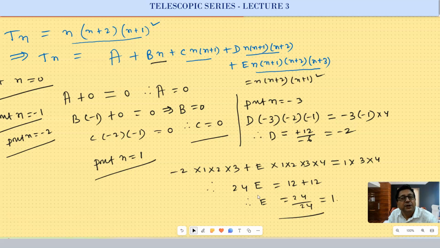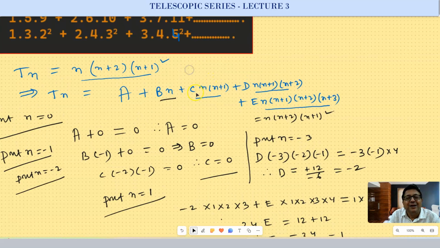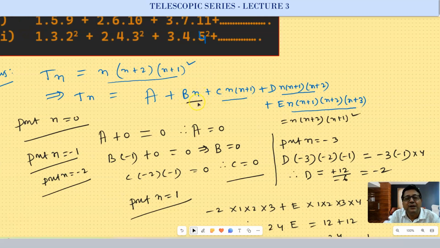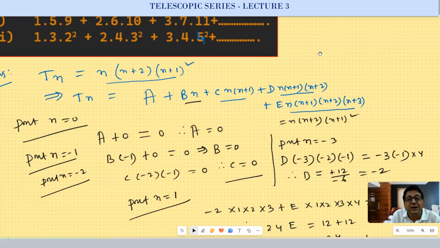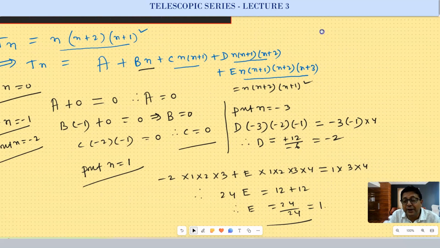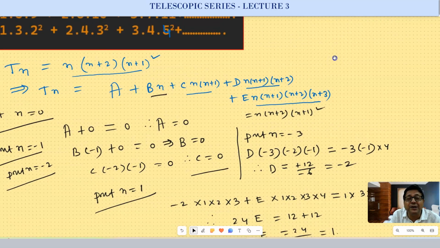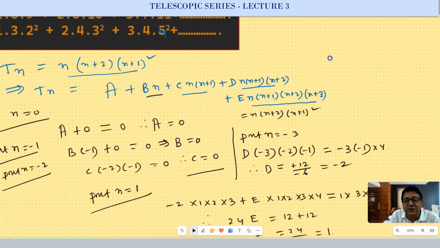Finished. If we can express Tn in the form of n plus 1, n plus 2, n plus 3, then everything is done. What's the value of D we got? Minus 2, and E is 1, rest is equal to 0.